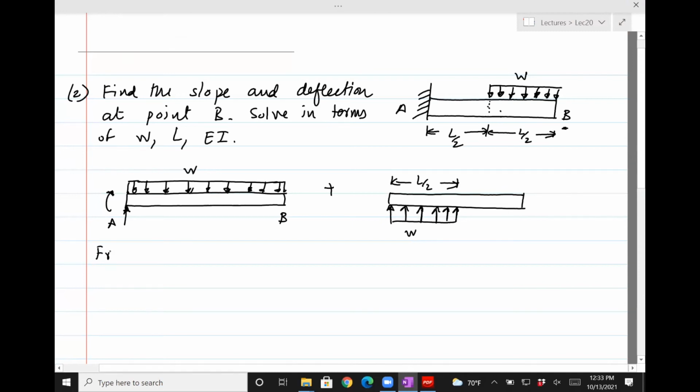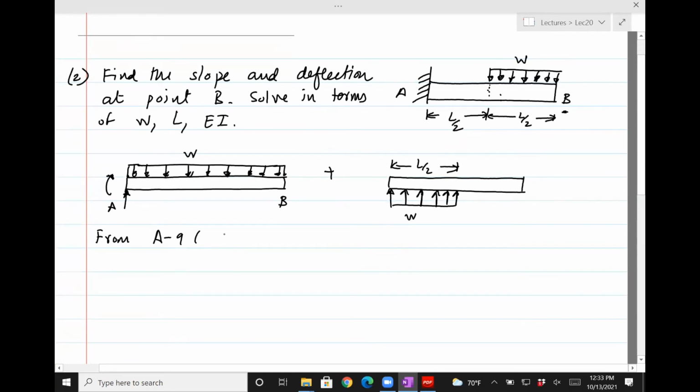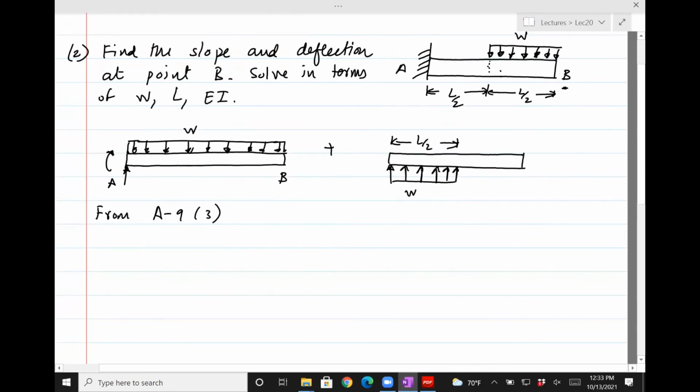So from A9 number 3, sorry, we can write down the deflection as W divided by 24 EI times L x cubed minus x raised to 4 minus 6 L square x square.